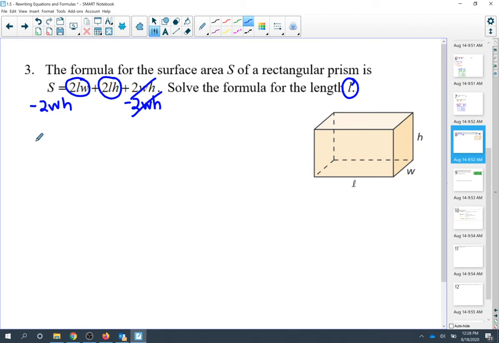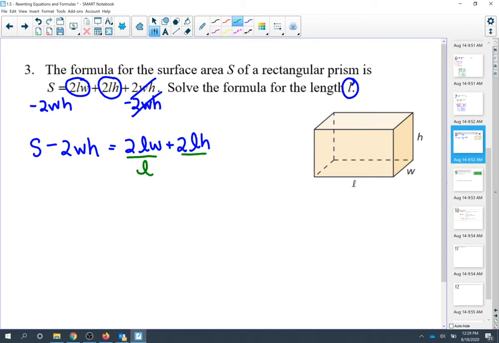On the left, we're going to have surface area, or S, minus 2WH equals 2LW plus 2LH. Now, just like we were doing before, I'm trying to get the L by itself, but there's an L here and there's an L here, which means instead of having two of them, I'm going to have to factor it out.